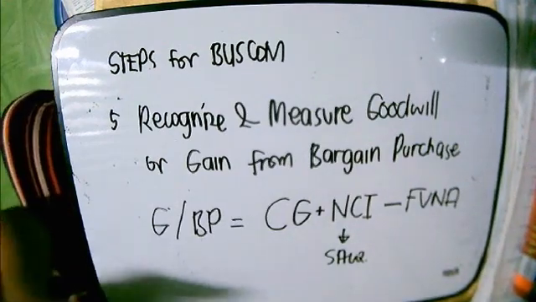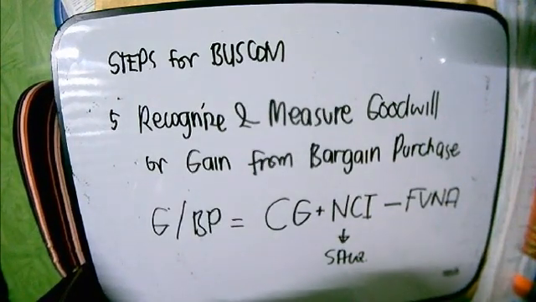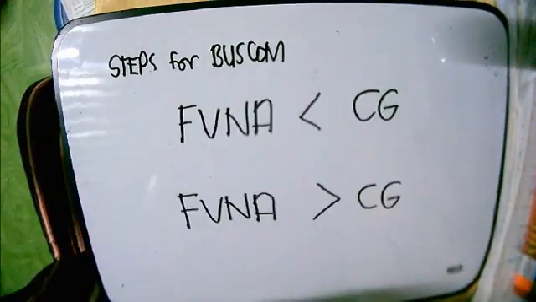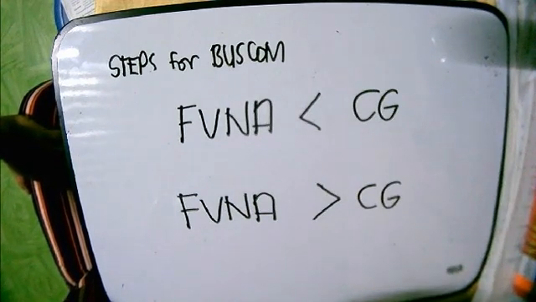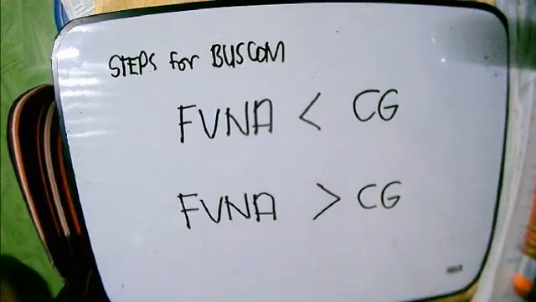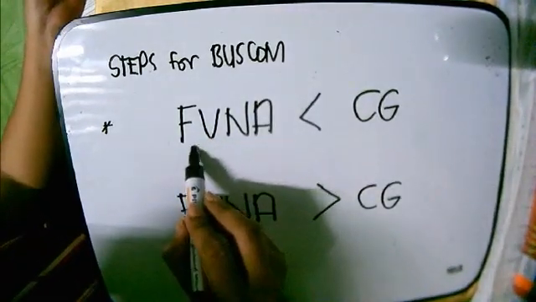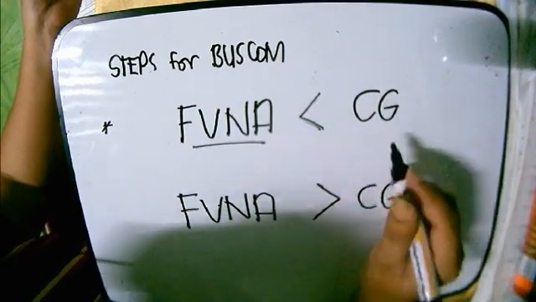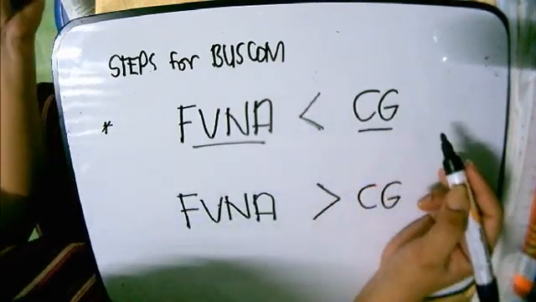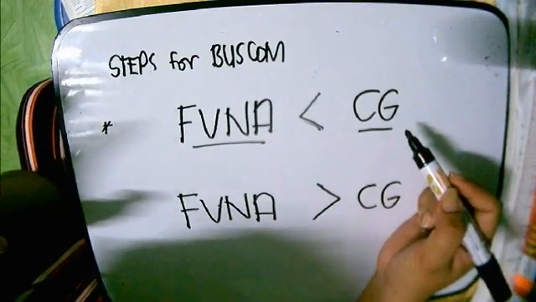Now, paano malalaman kung ang nakuha natin ay gain from bargain purchase o goodwill? Malalaman natin na goodwill or gain from bargain purchase yung i-recognize natin kapag ito ang mga dapat tandaan. Kapag si fair value of net assets is mas maliit or less than the consideration given. Ibig sabihin, yung nabiling net assets ni acquirer is maliit yung amount.